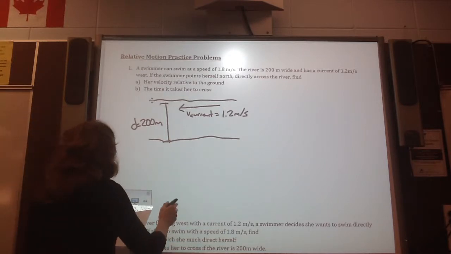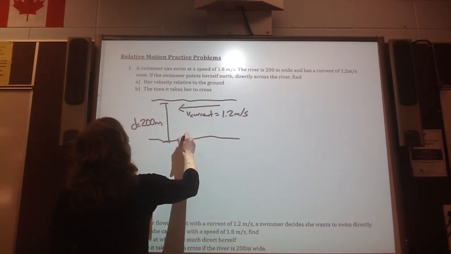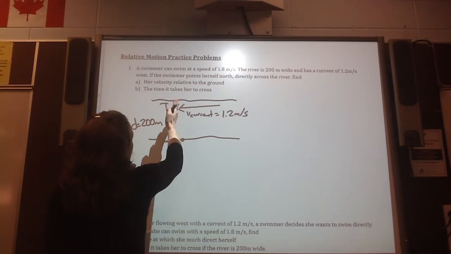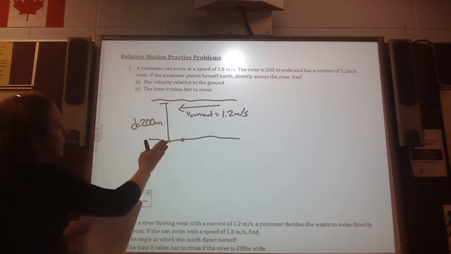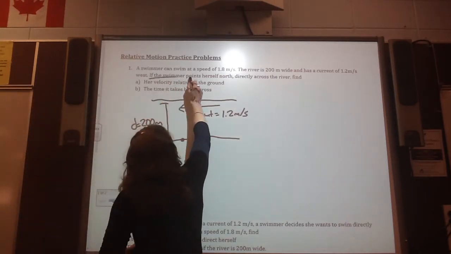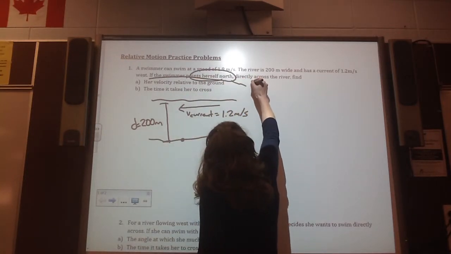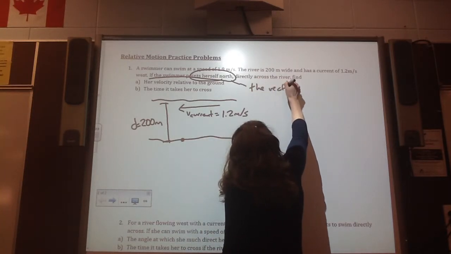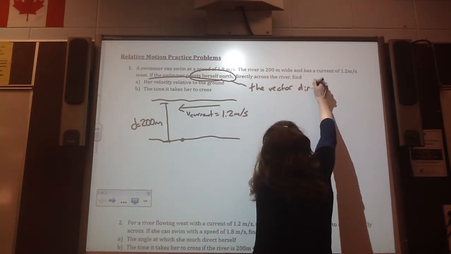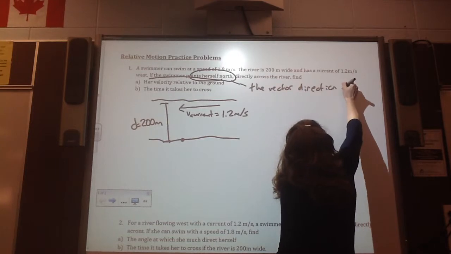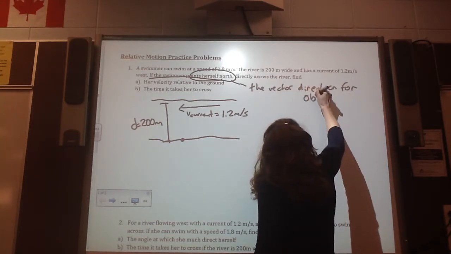Now, the swimmer is going to point herself north. So if the swimmer points herself north, that's how we determine the vector direction for the object.